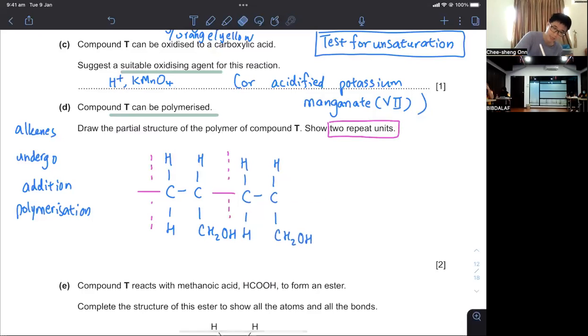Now, one common mistake is people remember one end, people forget the other end. Check your carbon has 4 covalent bonds. 1, 2, 3. Check your carbon has 4 covalent bonds. Open, polymeric chains. Show 2 repeat units, 2 marks, just like that. Of course, you lose the double bonds because now it extends as part of an addition polymer. Okay, everyone all good?